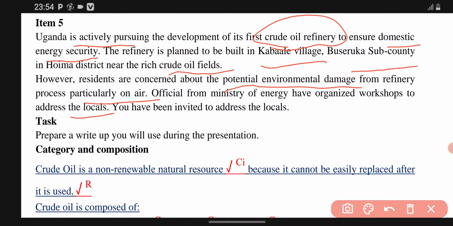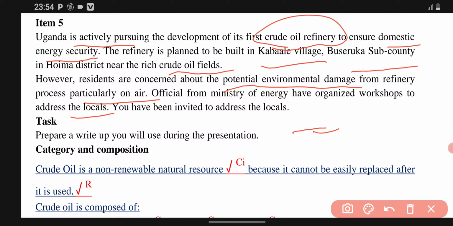As you are reading, try to identify those words which you are going to base on, the words in the scenario which are going to help you get the answers. Like for this one, they have talked about the crude oil refinery to ensure domestic energy security. The government wants to pursue the development of this first crude oil refinery. You get? Then from there, let's go to the what?